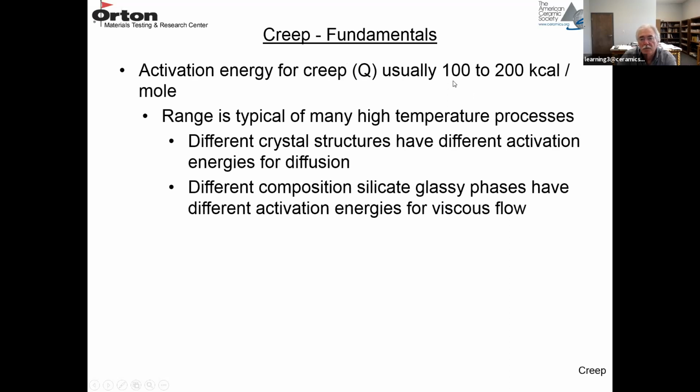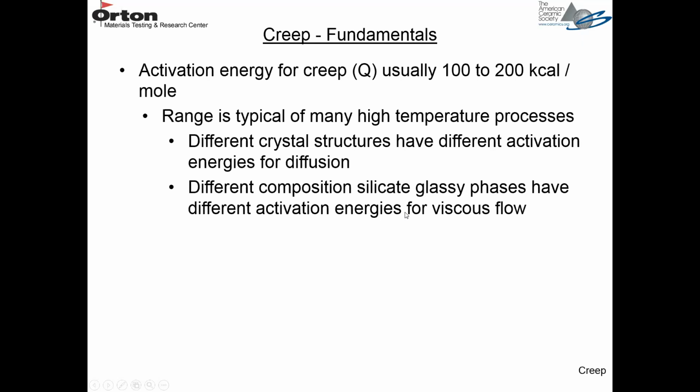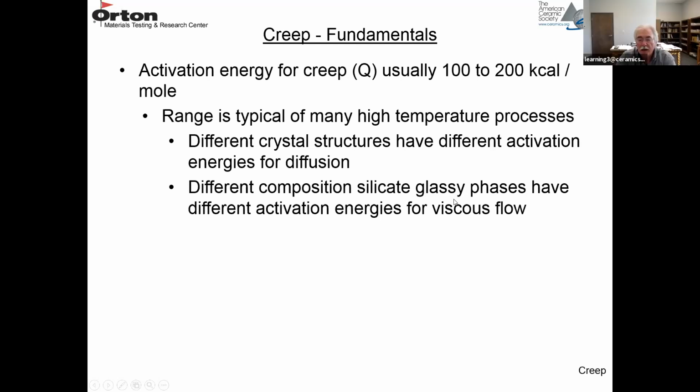Activation energies for creep, I mentioned, are usually maybe 100 to 200 kilocalories per mole. The range is typical for high temperature processes in ceramics. Different crystal structures have different activation energies for diffusion. They're usually in this range of 100 to 200 kilocalories per mole. And different compositions of these silicate-based glassy phases have different activation energies for viscous flow.